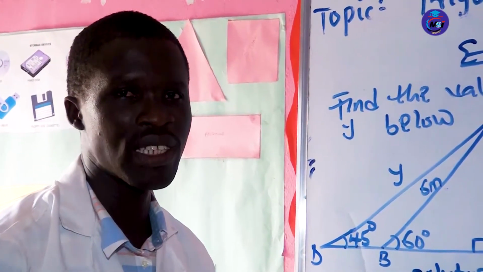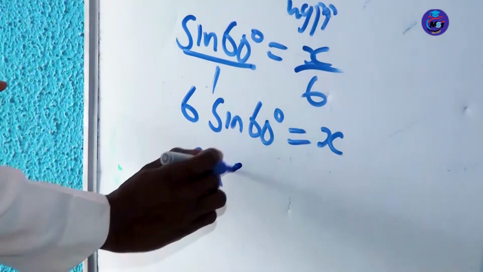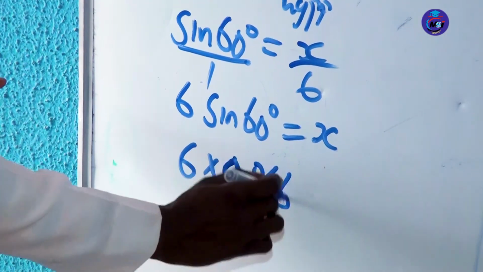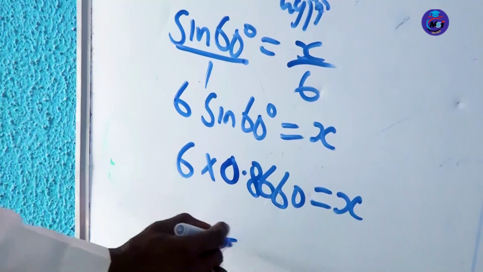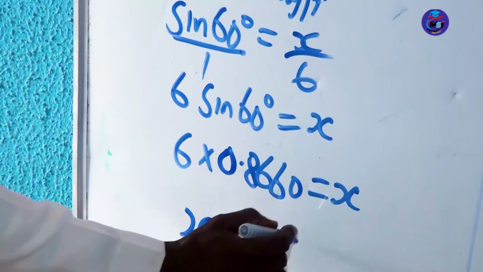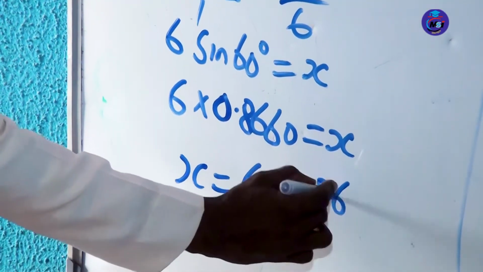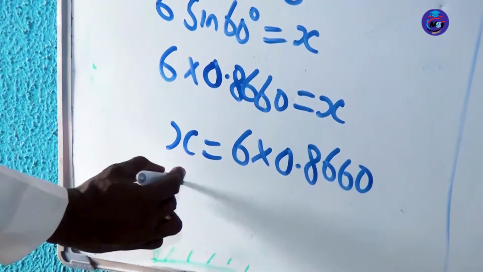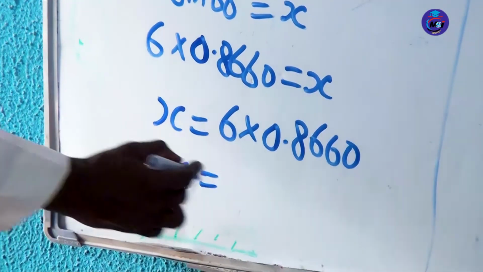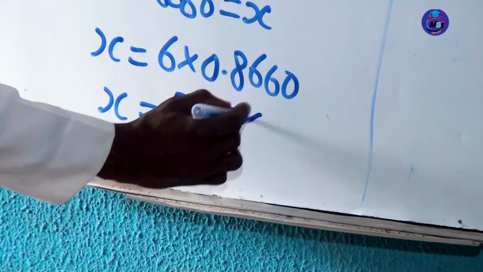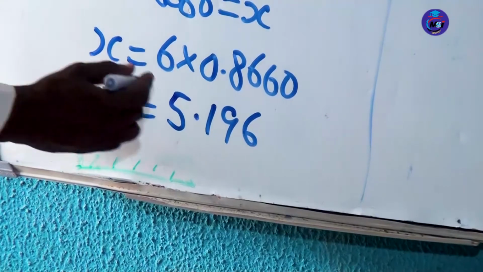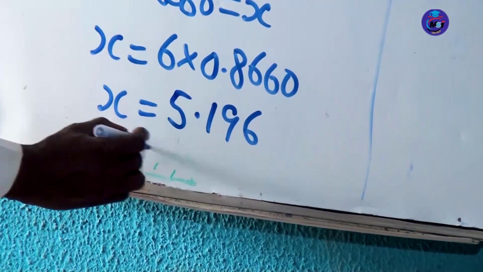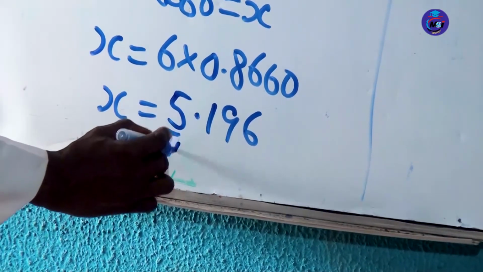When we find sine of 60, we are going to get 0.8660 equals x. So x will give us 6 times 0.8660. So x will give us 5.196.